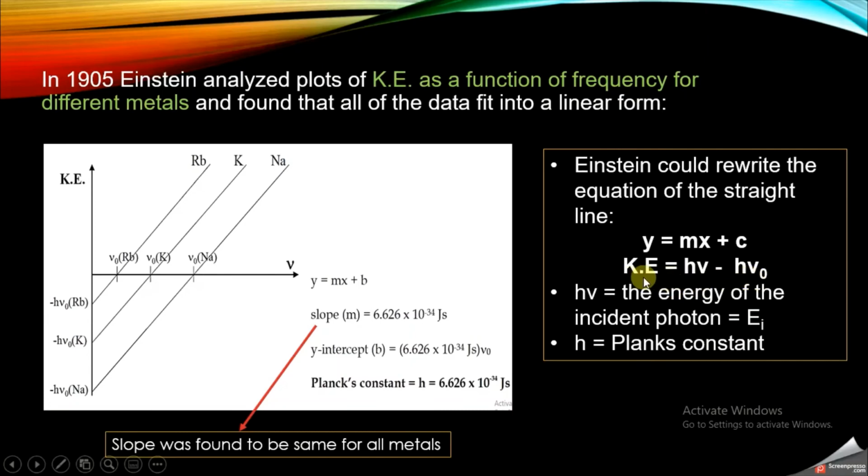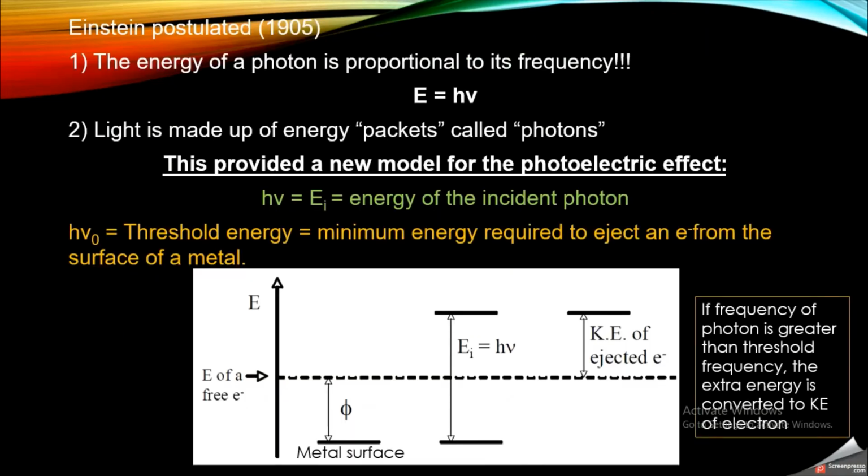This kinetic energy can also be written in terms of the energy of the incident photon, Ei, where h is Planck's constant. From the experiment, Einstein postulated some points. He said that the energy of a photon is proportional to its frequency.